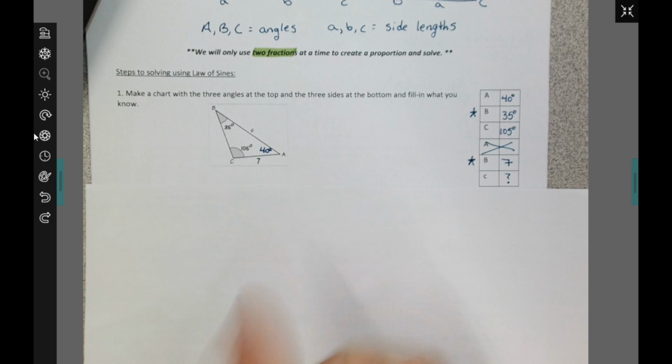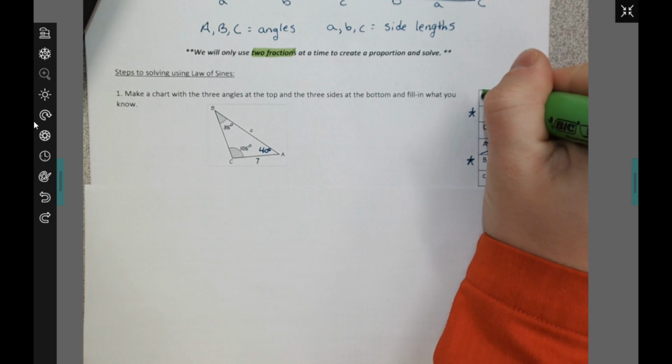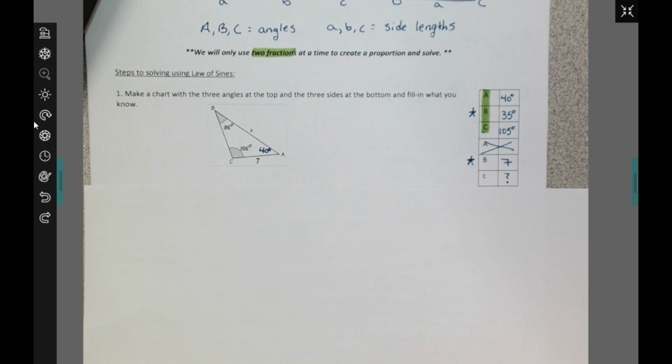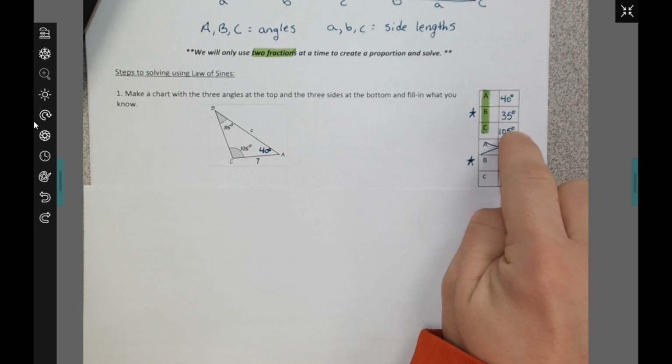With your angles, we're going to throw them up top in our table. I gave you a table on this one, but if you have to make your own, you throw the angles up top. I put angles A, B, and C up top, and down below are going to be the sides.